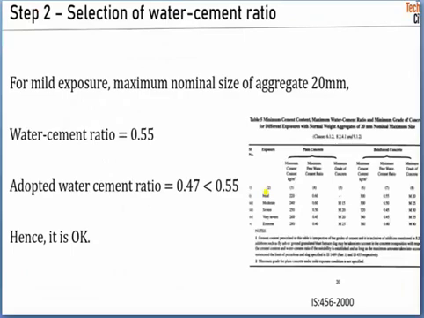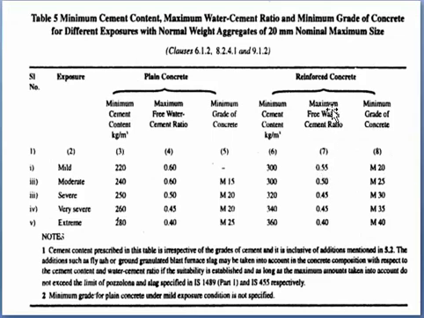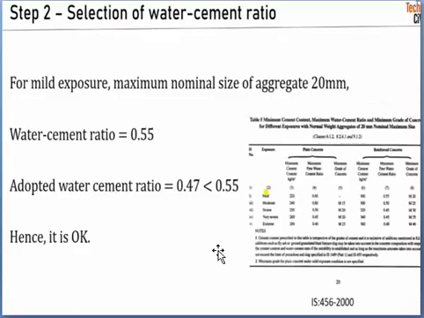So we have checked the water cement ratio from this table. Maximum free water cement ratio should be 0.55, not more than 0.55. As per the question, we have 0.47, which is less than 0.55, hence it is okay. So we will be taking this 0.47 water cement ratio for M20 grade of concrete, for mild exposure condition and for 20 mm aggregate size.